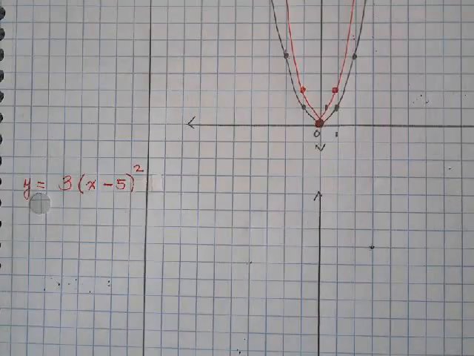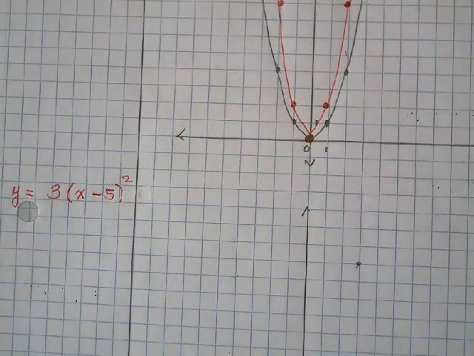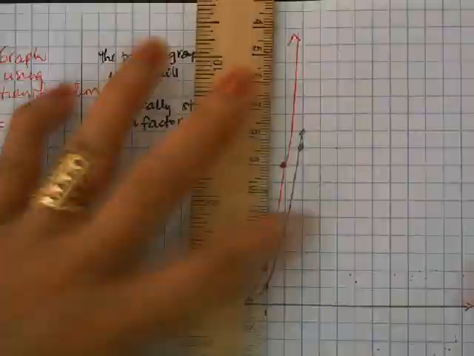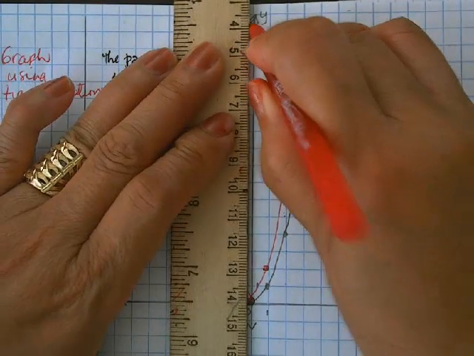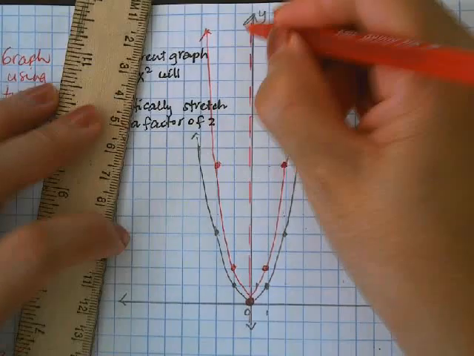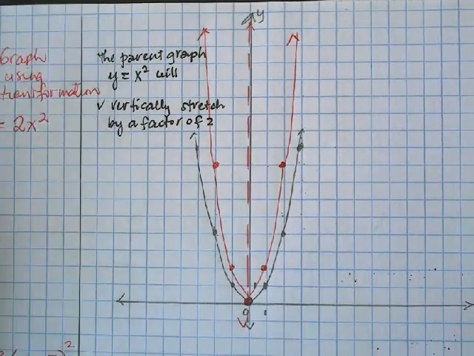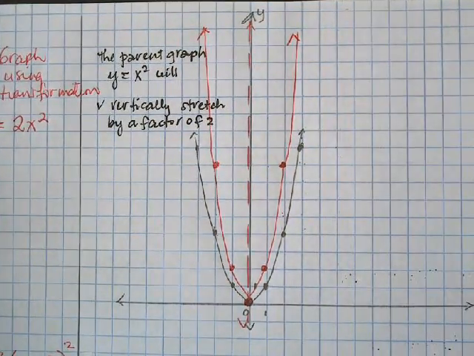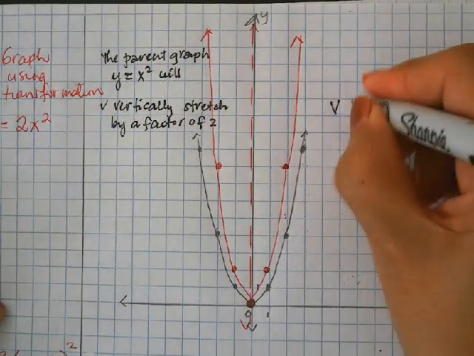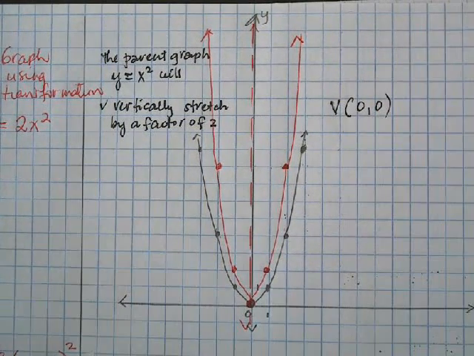I hope you understand how to stretch by a factor of 2. Let's just do our summary of the important lines and points. Our vertex is still at 0, 0.